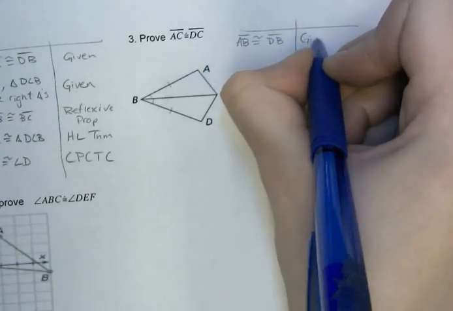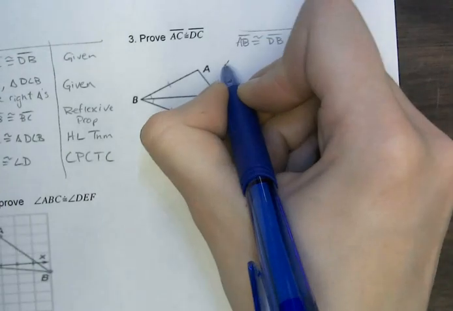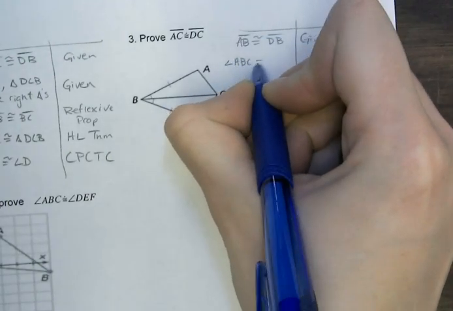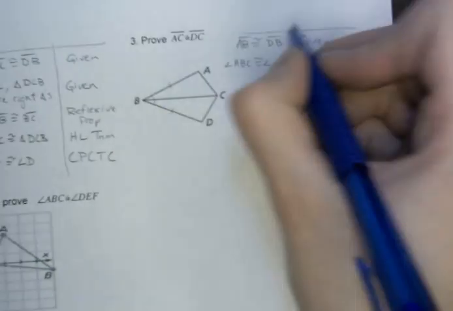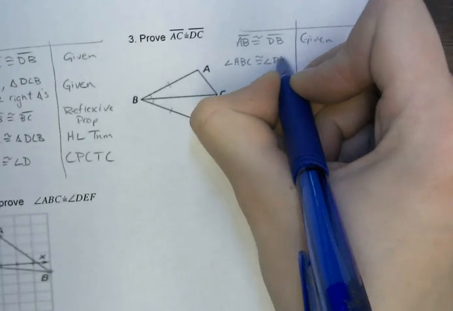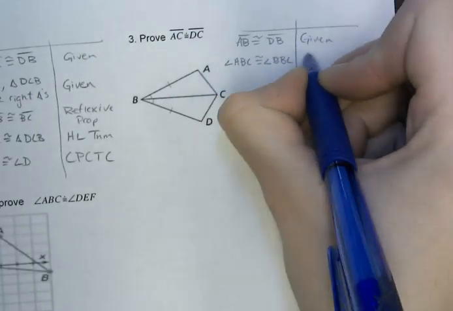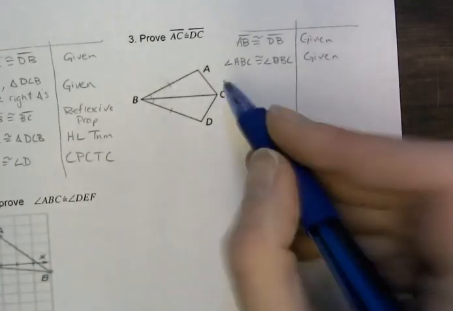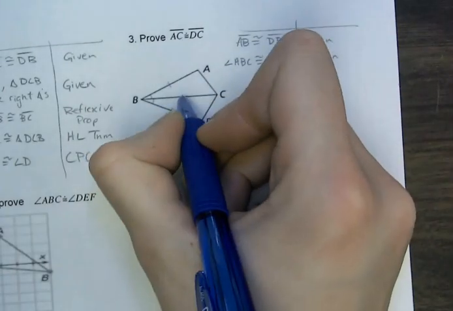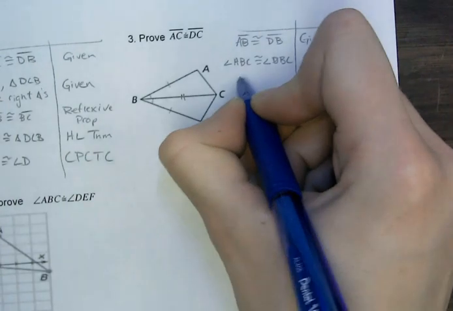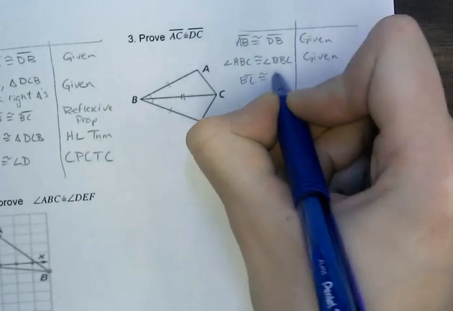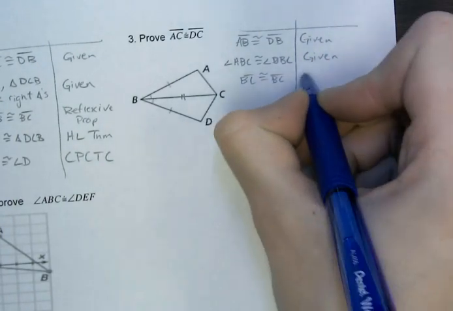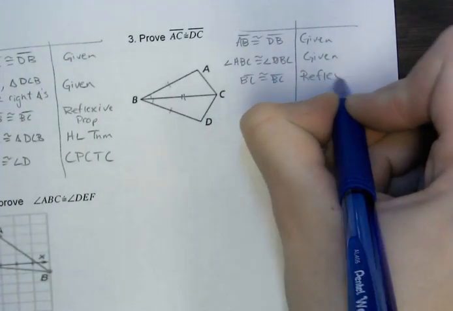And I also am given a pair of congruent angles here. Angle ABC is congruent to DBC. And that's another given here. So then again, we want to find shared sides when I can, which I see that BC is congruent to BC here by that reflexive property.